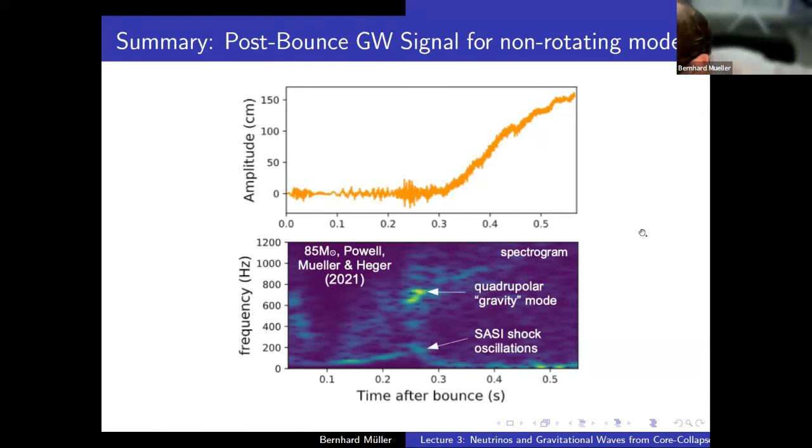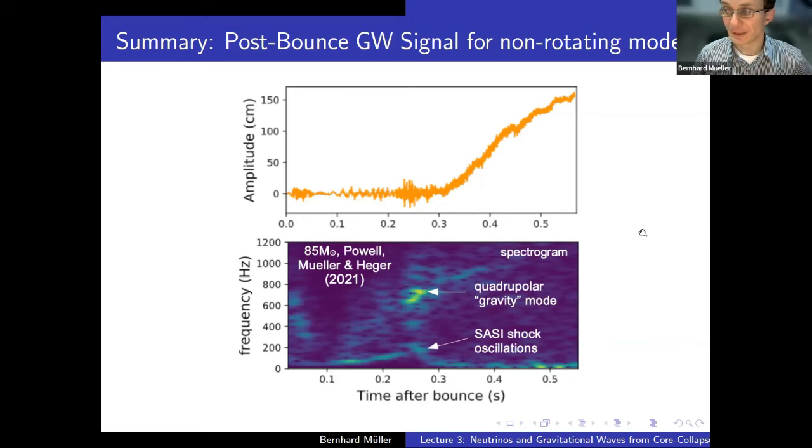There's a good question in the chat whether there is a preferred direction for the measurement of the gravitational wave signal. Well, if you have a preferred axis of rotation, then you'd probably rather want to sit in the equatorial plane, because if the star remains axisymmetric, you won't see anything.